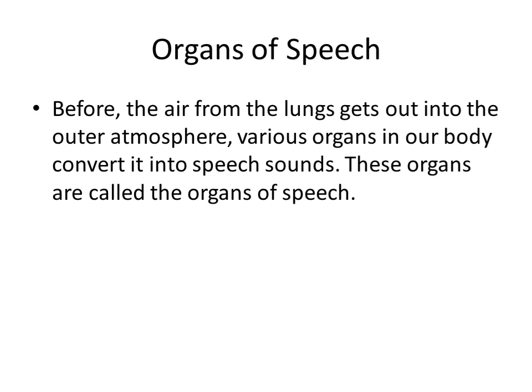The air from the lungs, from the respiratory part, reaches the outer atmosphere through various organs in our body. It may be through the phonatory system, glottis, and through the articulatory system. Articulatory system means the parts of the tongue and the roof of the mouth.